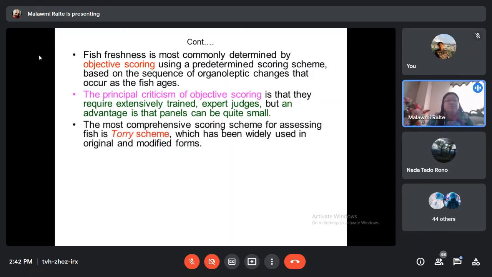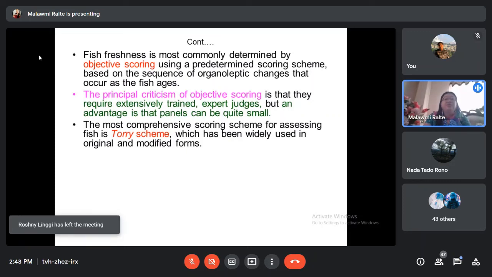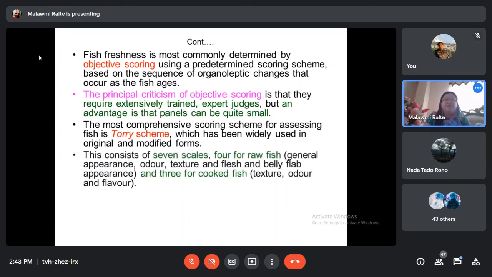There is a most comprehensive scoring scheme for assessing fish, that is the Torry scheme, which has been widely used in original and modified form. In order to do this objective scoring, the judges should be very expert in order to differentiate the characteristics. This Torry scheme has seven scales: four for the raw fish and three for the cooked fish.